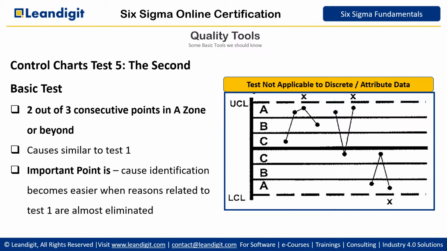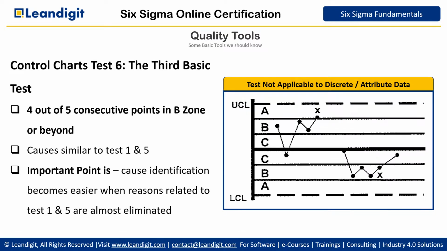One important point to always remember for tests number 5 to 8 is that these tests are not applicable for the discrete control charts which we discussed in the last video: C chart, U chart, NP chart and P chart. We cannot use the 5 to 8 rules.